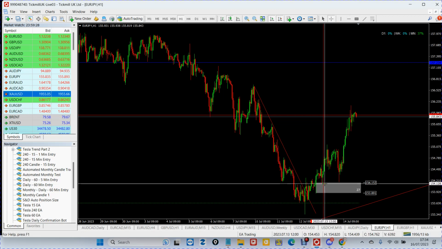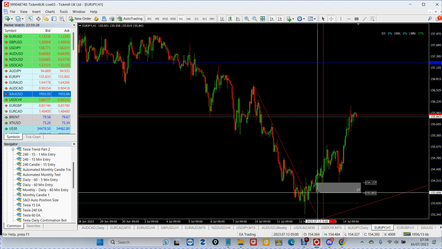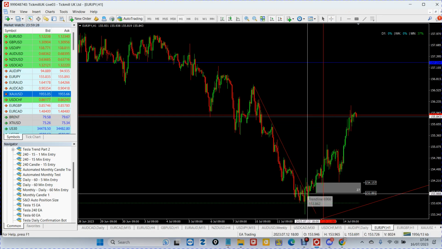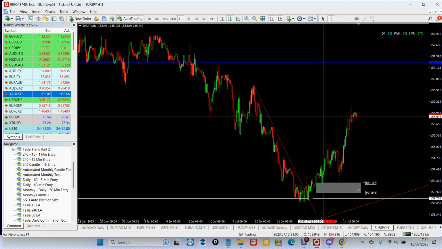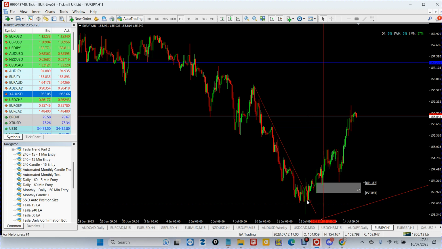Where did I get in? Yeah, so basically I got in somewhere around here, price has come back, stopped me out and then gone. So it's extremely low. It was around that area.